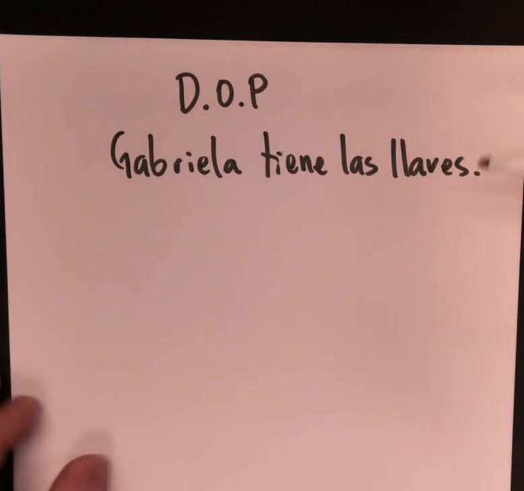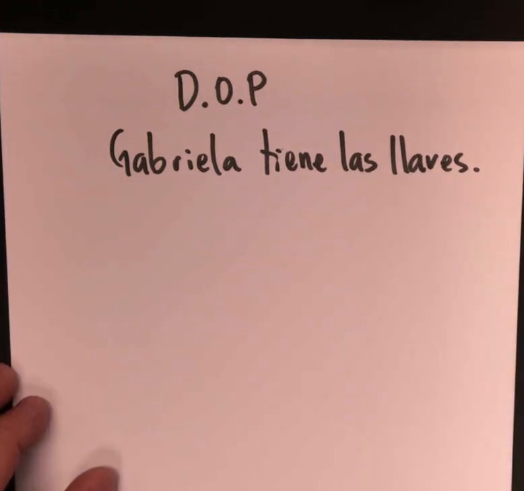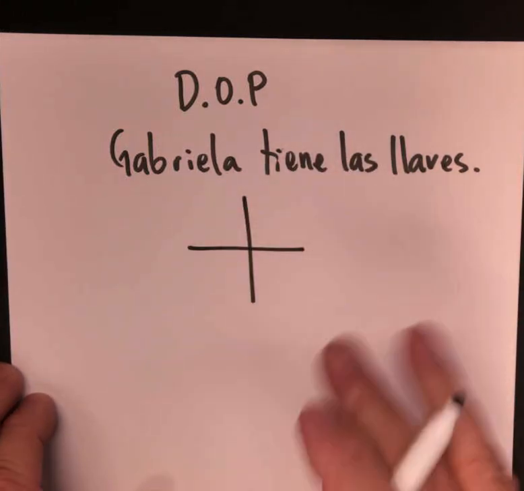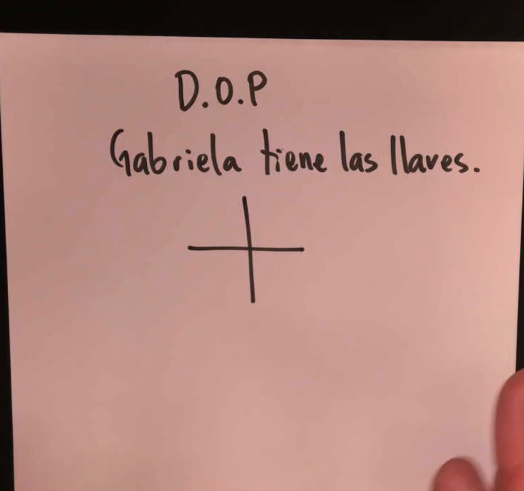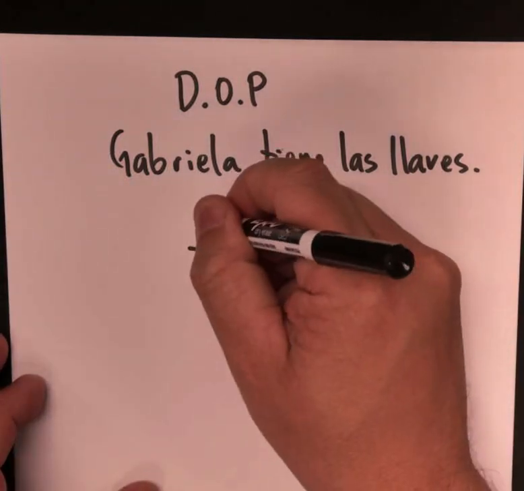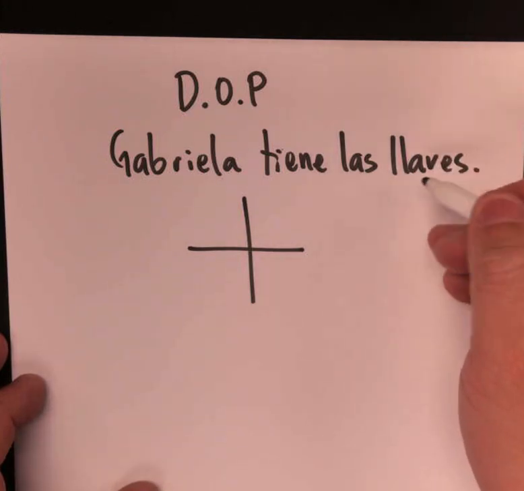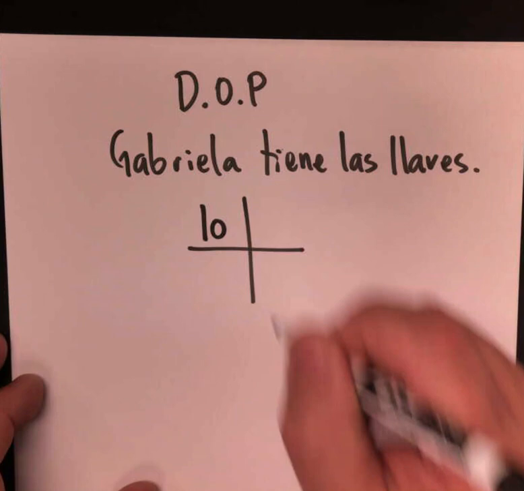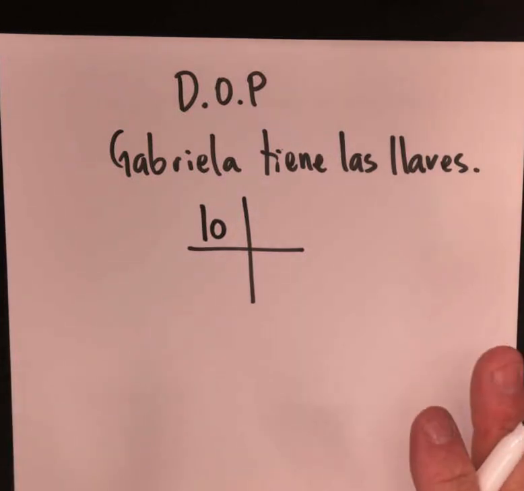Now the book shows you different direct object pronouns, but we're going to simplify it by saying that there's only these four. So if the object is masculino and singular, we're going to use the word lo. That is the only one that is different.